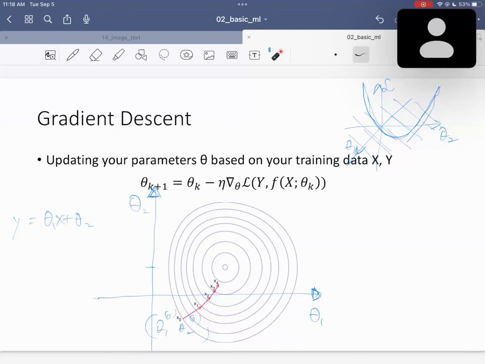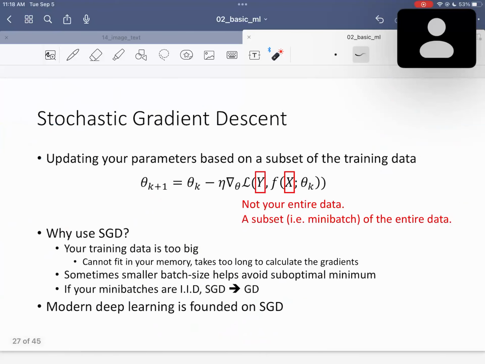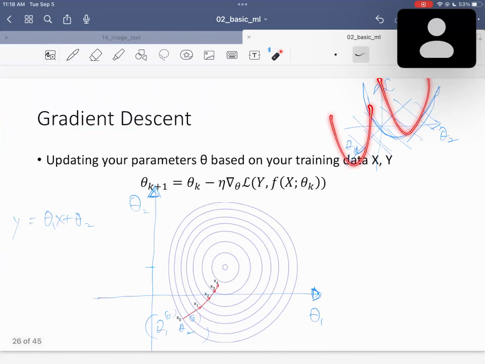If you sample too small an amount of data, if your mini batch is extremely small, for example 1 sample at a time, then your loss will change drastically with each sample. But if you sample 100 samples at a time, your loss function will change less. It'll be a little bit more stable.